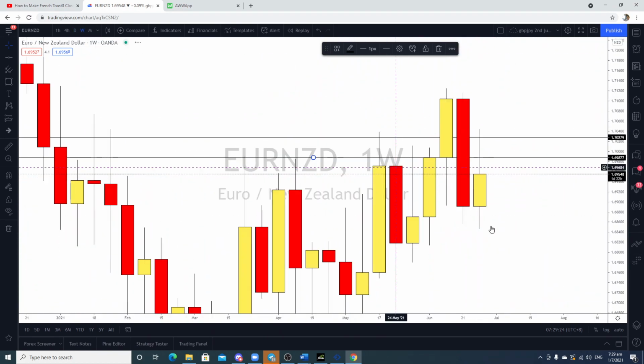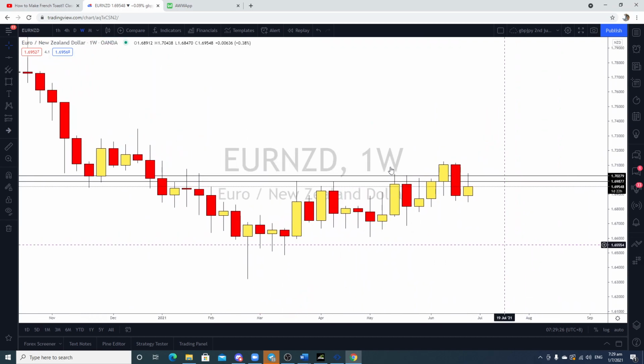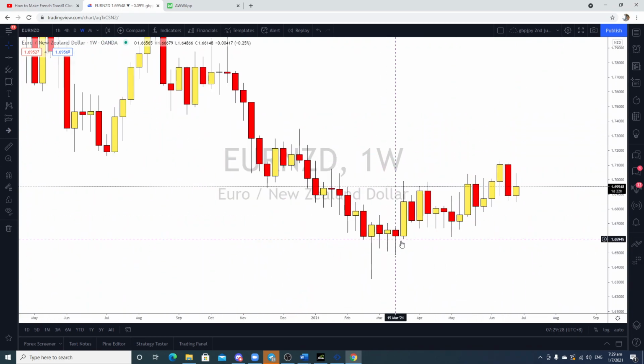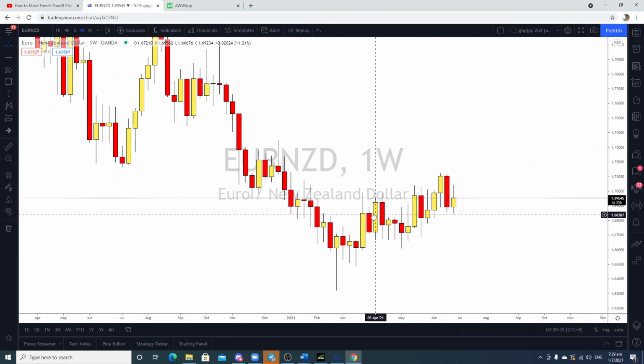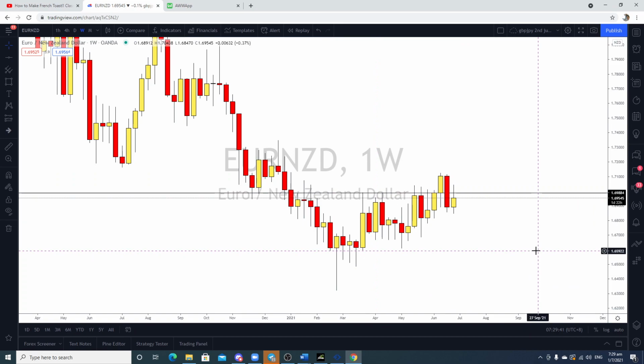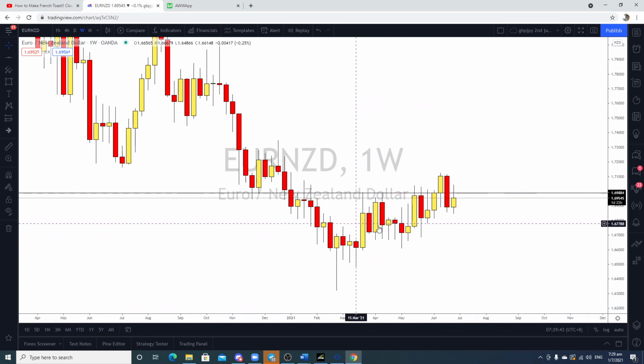So let's go for a weekly right now. If you look at the weekly, price is on a downtrend here, and then price makes an inside bar here, so it can be a potential reversal towards the upside. If I take this on top of the mother bar, it looks like price did go out of the mother bar, but last week price went back in.